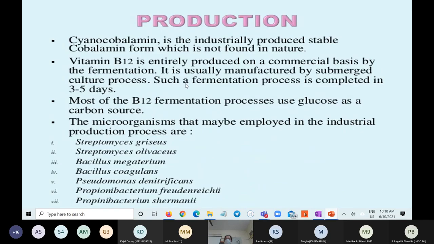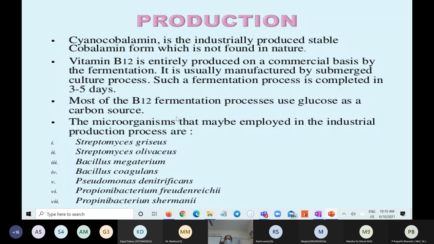It is usually manufactured by submerged culture, in which too much water content is there in which the fermentation is taking place. It is a prolonged process to maximize the yield, taking around 3 to 5 days. There are two types of submerged fermentation involved here that we will see in the further slides, and the complete process takes around 5 to 6 days.